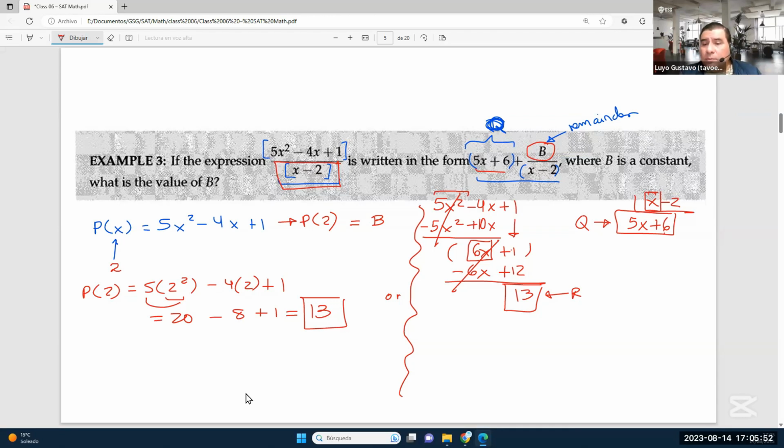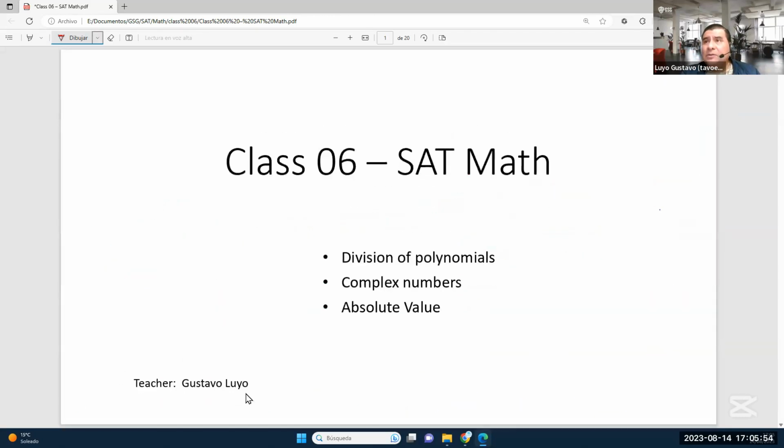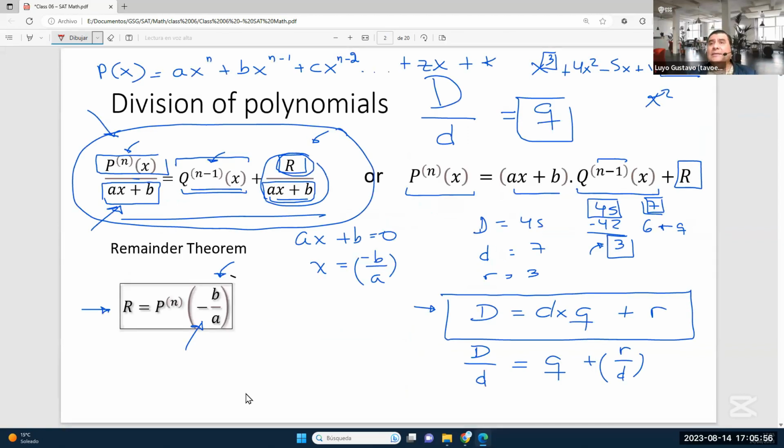Let's go back to the beginning to see what we discussed. What does the remainder theorem say? When you divide a polynomial p of x by a binomial of first degree, a times x plus b, where a and b are constant values, then to find the remainder of that division, simply evaluate the polynomial p at the value of x that makes the divisor equal to 0.